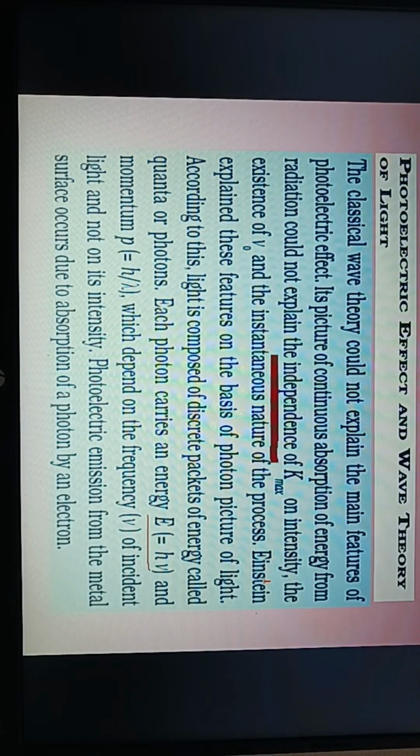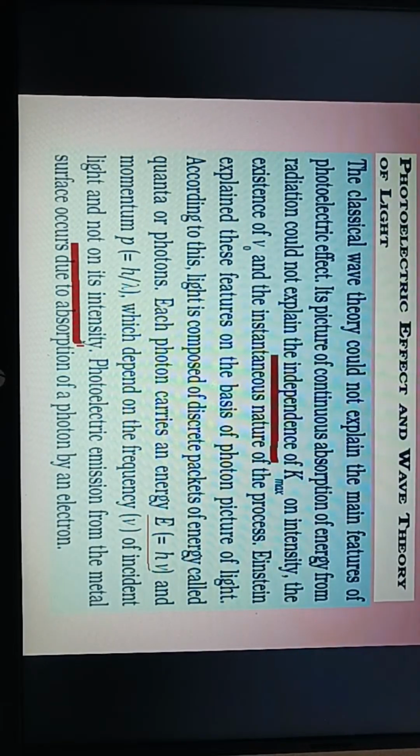But according to modern physics or quantum physics, it is very clearly explained that of the energy given to the electron, some is used to liberate it and the remaining is used for providing maximum kinetic energy.